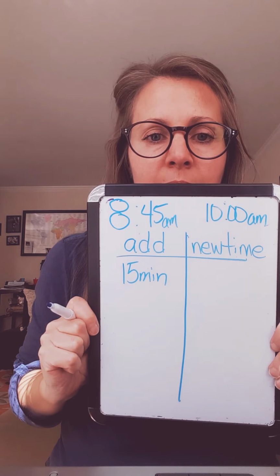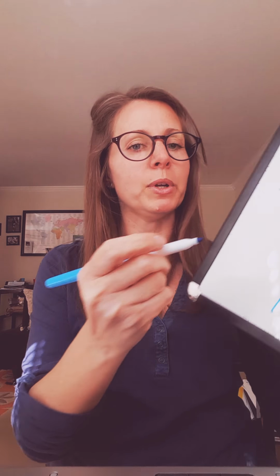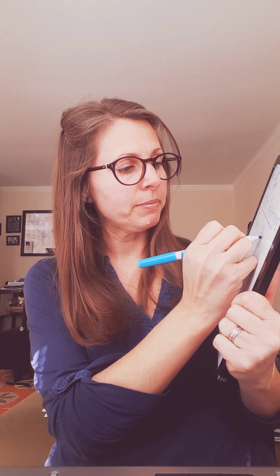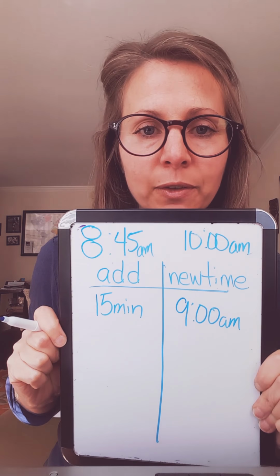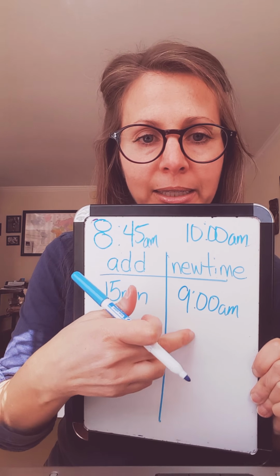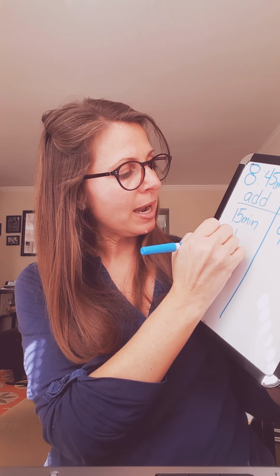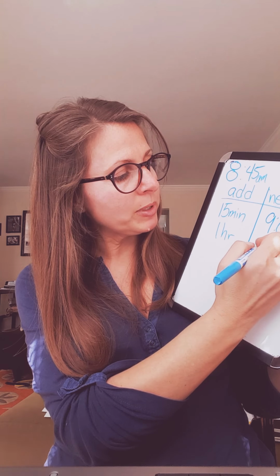Okay, so 15 minutes. Now the new time, if we add 15 minutes to 8:45, is going to be 9 a.m. Now we've got a nice easy full hour that we can just add another hour to because we haven't hit 10 yet. So 1 hour on our add column. The new time is going to be 10.